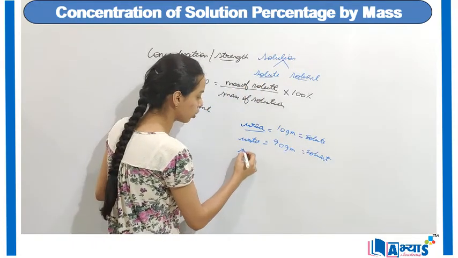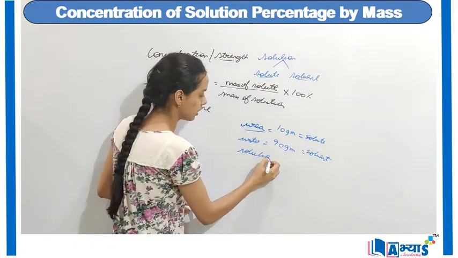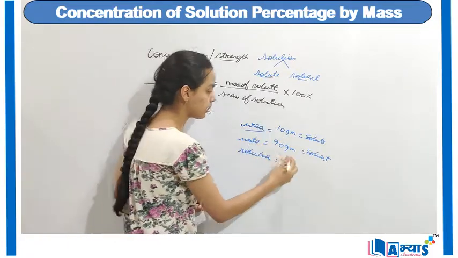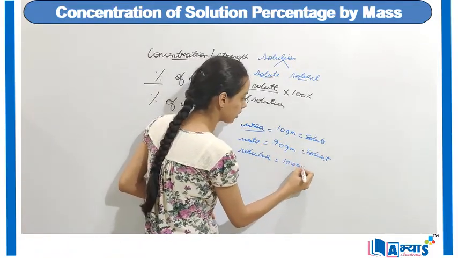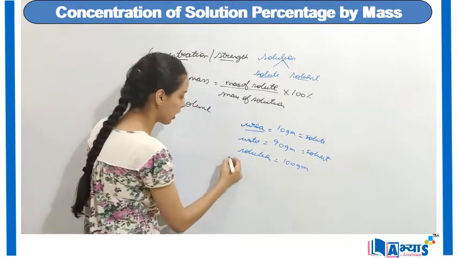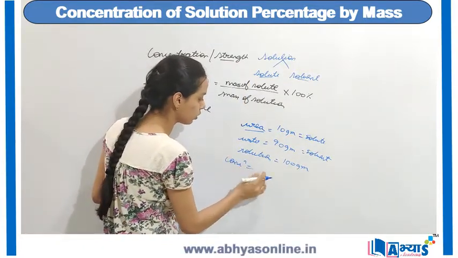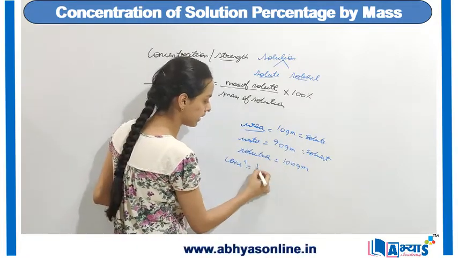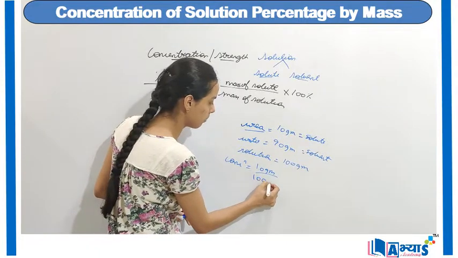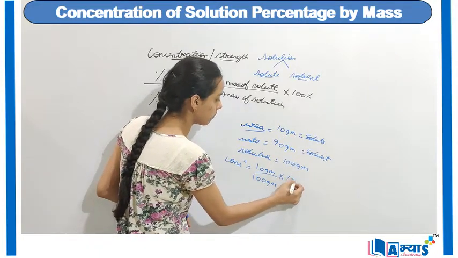Now I will first find the mass of solution. Solution equals solute plus solvent, so 90 plus 10 becomes 100 grams. To find the concentration, I use the formula: mass of solute, that is 10 gram, upon mass of solution, that is 100 gram, into 100%.